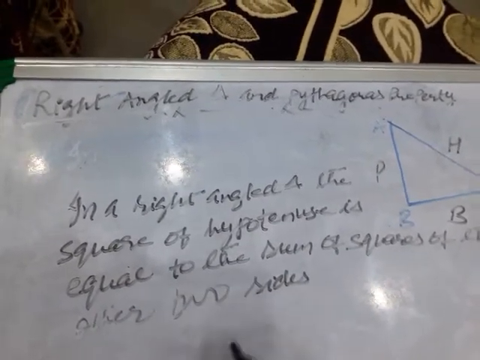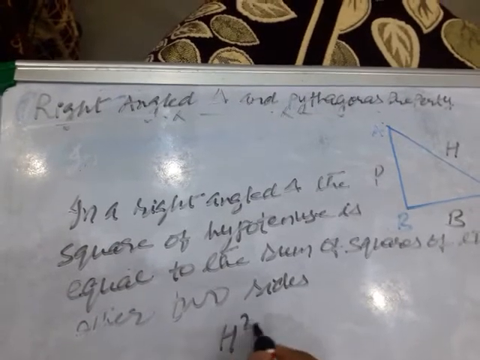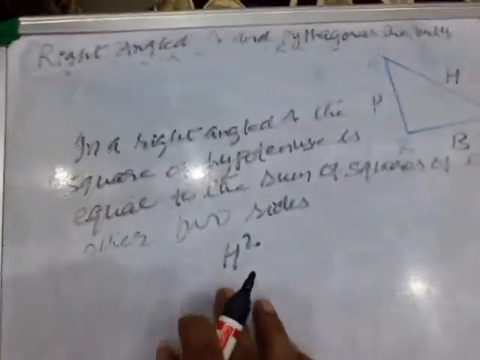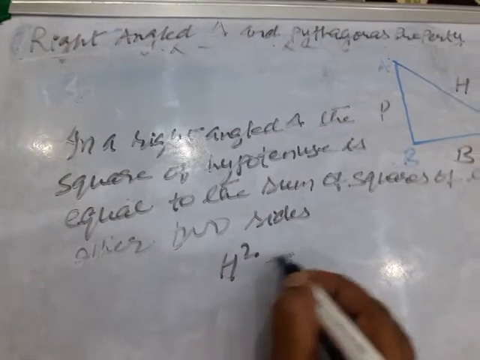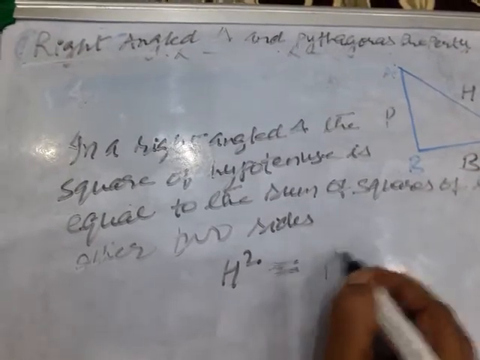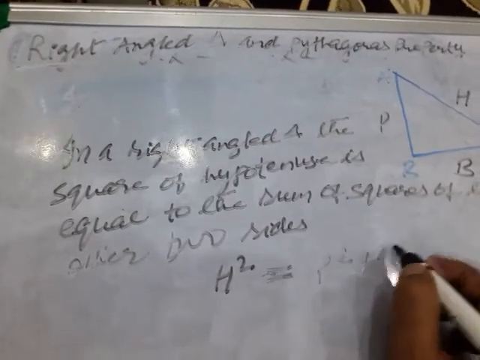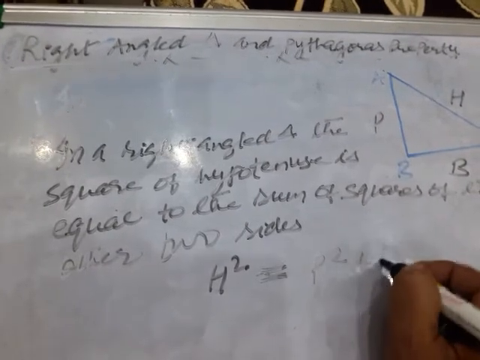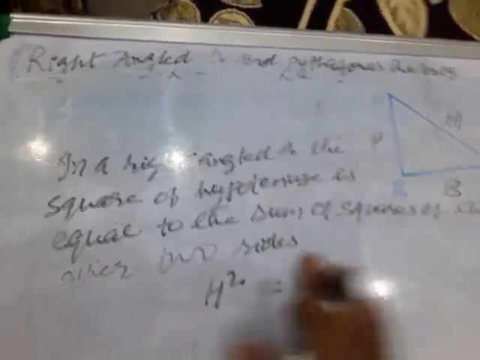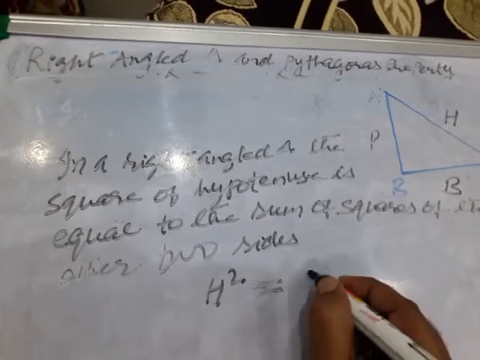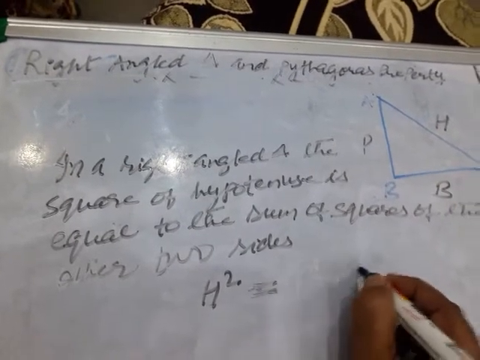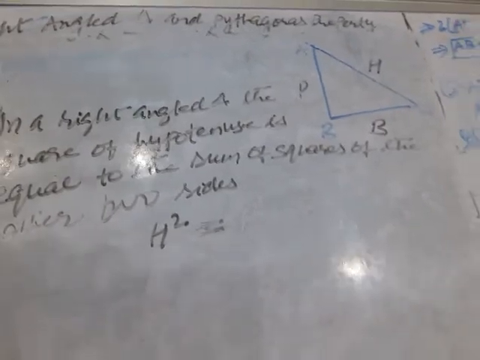What does it mean? That square of hypotenuse, H stands for hypotenuse, is equal to the sum of squares, that is P square plus B square, children. Okay, children, this is the property only I will tell you. Clear? And elaboration and questions related to that we will take tomorrow.